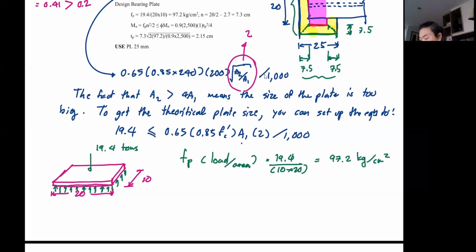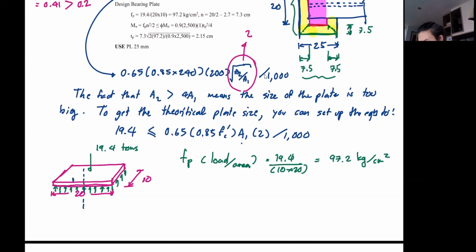Okay, but now in our model of the plate as a cantilever beam, the plate is not going to bend from the center line, because right here it's considered solid. So the bending of the plate will begin at this critical section.